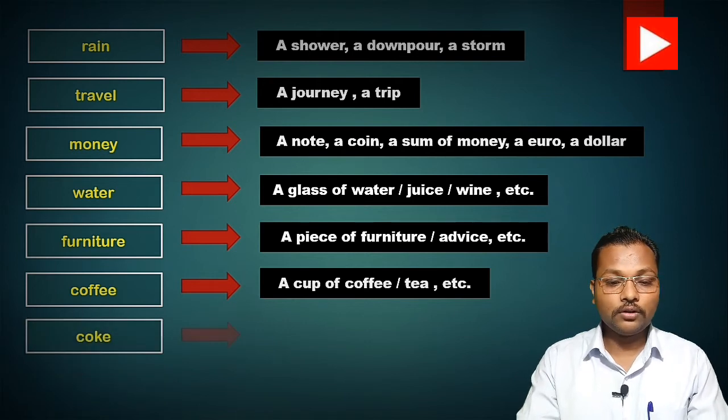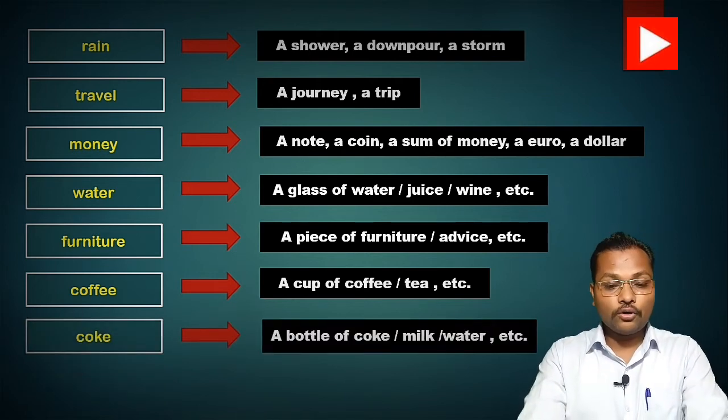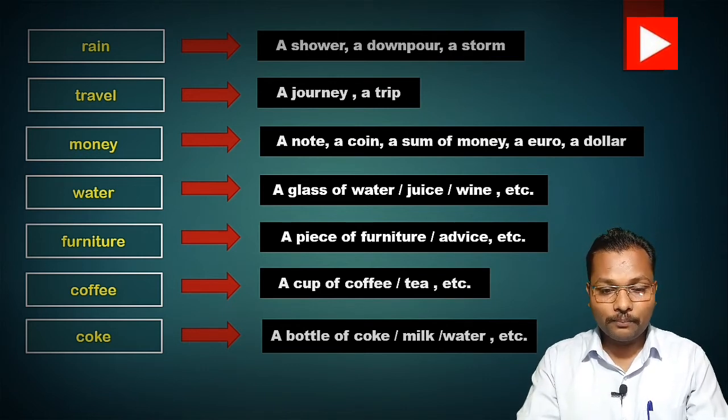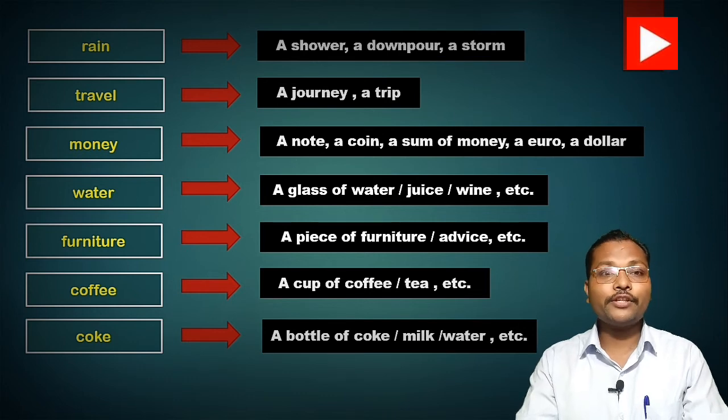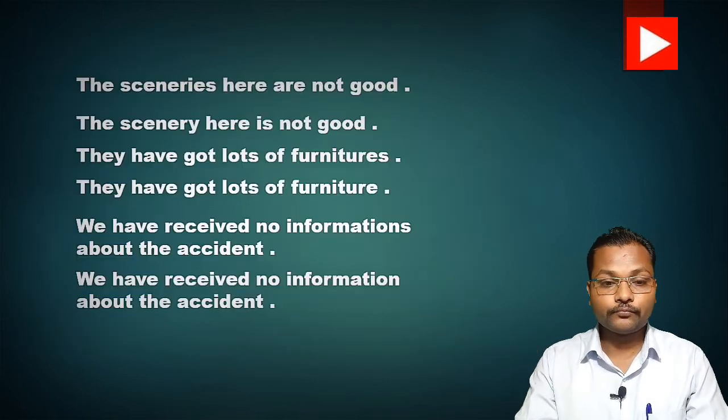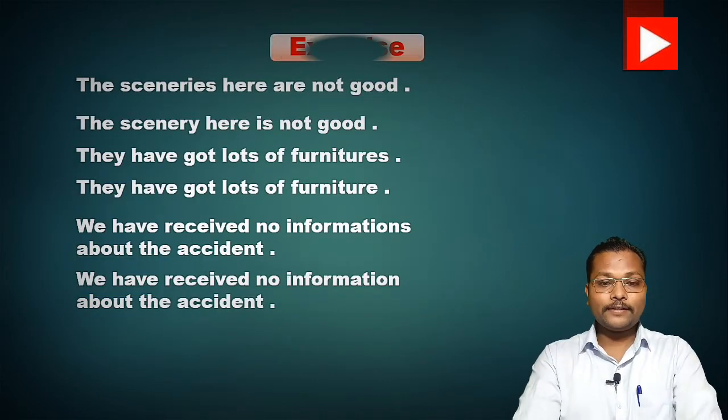Coke. A bottle of Coke, a bottle of milk, a bottle of water. So bottle, cup, piece, glass are the measuring terms or measure units to make uncountable nouns countable. So let's do some exercise.